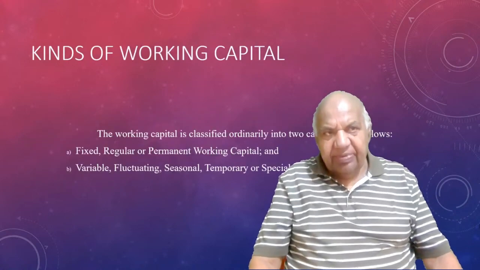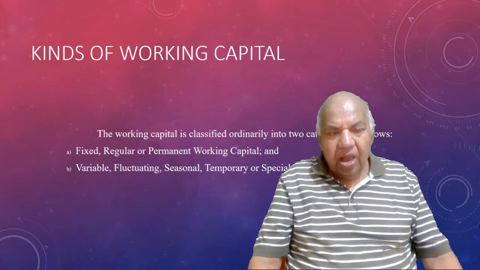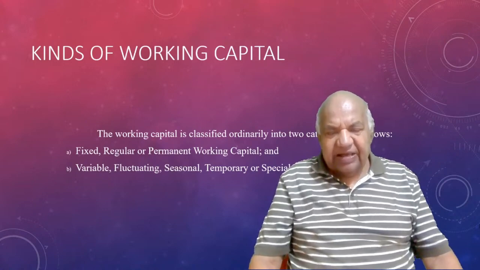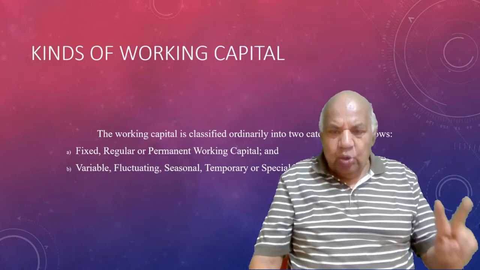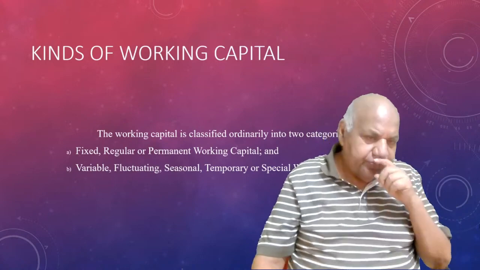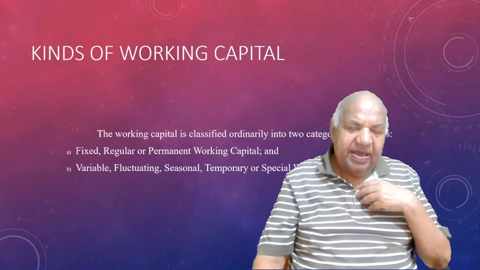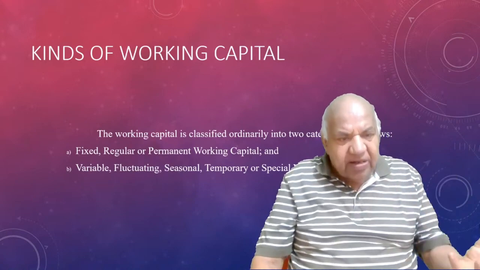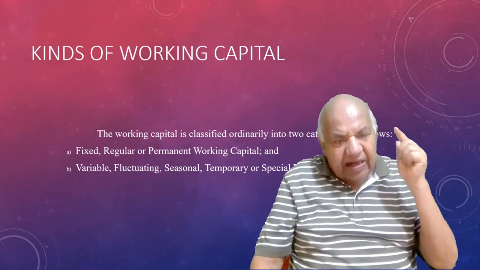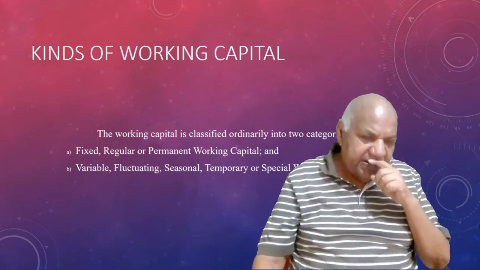Kinds of working capital. The working capital is classified ordinarily into two categories as follows: fixed, regular or permanent working capital. Means that part of working capital which will always remain in the business.